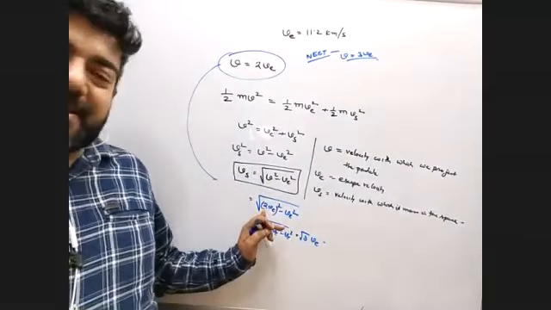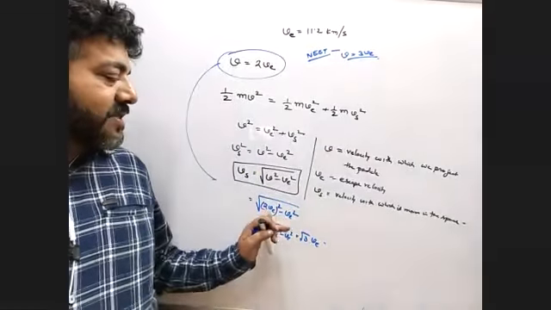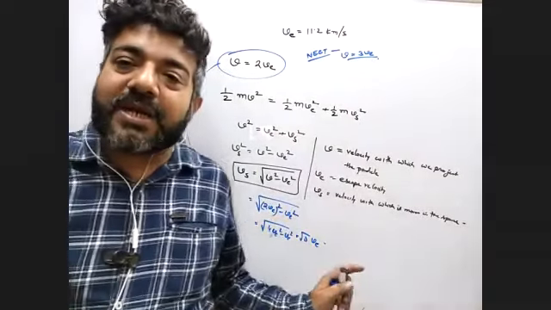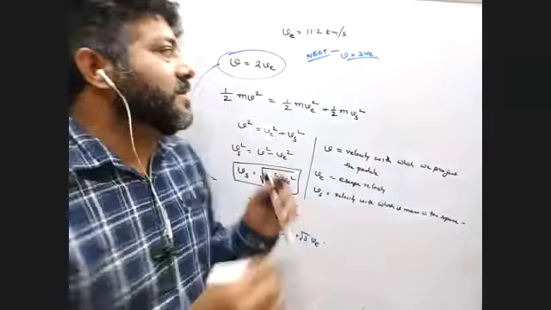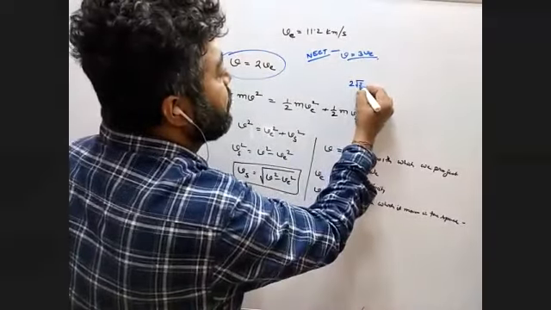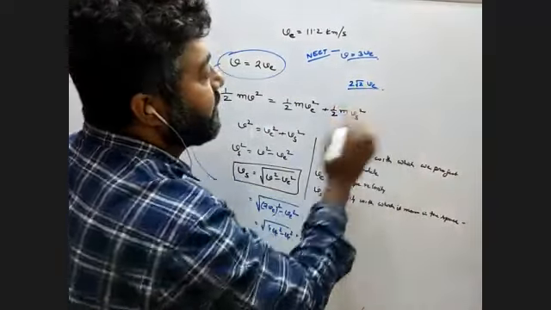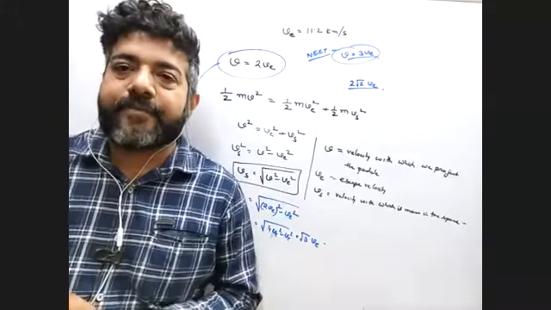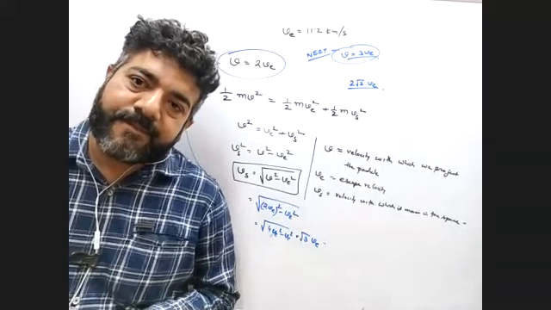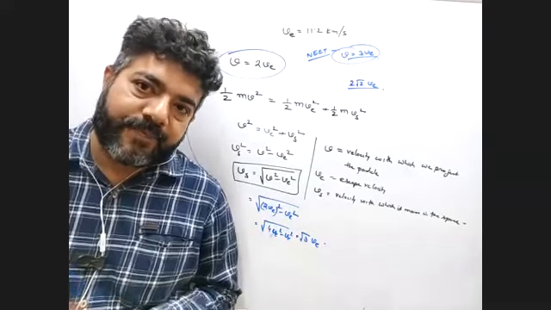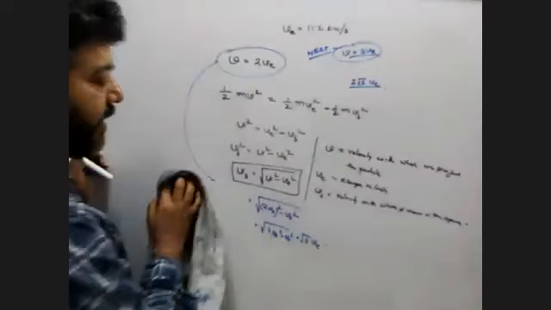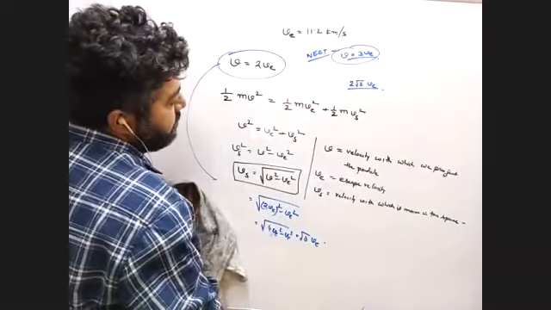So you can imagine, within a blink of a second, 3ve square minus ve square, that is 9 minus 1, root under 8 ve, so the answer is 2 root 2 ve. Is it clear? Everyone done? Next part.